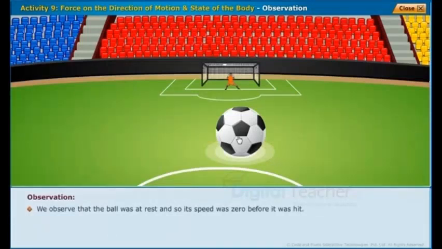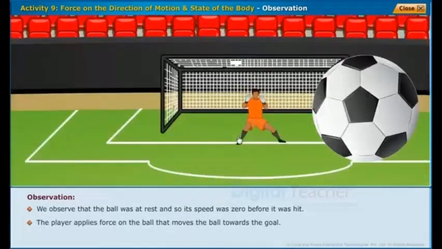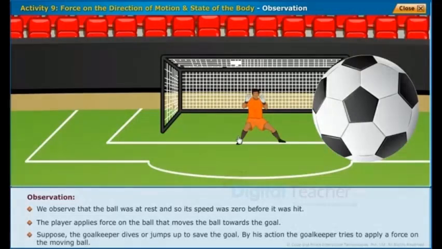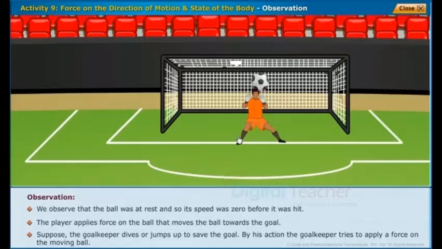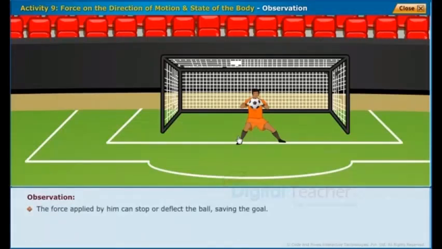We observe that the ball was at rest and so its speed was 0 before it was hit. The player applies force on the ball that moves the ball towards the goal. Suppose the goalkeeper dives or jumps up to save the goal. By his action, the goalkeeper tries to apply a force on the moving ball.